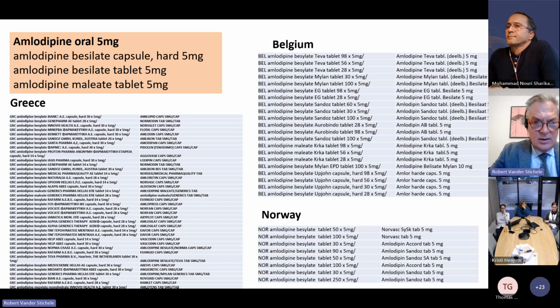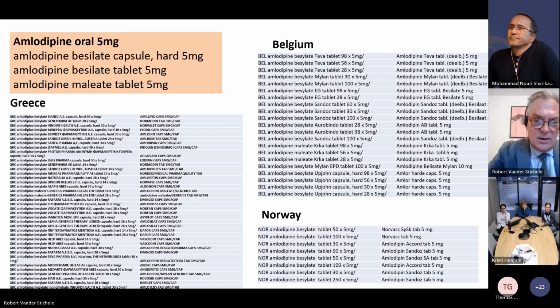Here you see the medicines of Belgium, Norway, and Greece that contain amlodipine, that are oral, and that have a strength of 5 milligram. You see a long list for Greece, a somewhat smaller list for Belgium, and a small list for Norway. And we also see that the number of medicinal product packs in each of these countries is different, and that this oral amlodipine comes in 3 forms: amlodipine besilate capsule hard, amlodipine besilate, and amlodipine maleate.